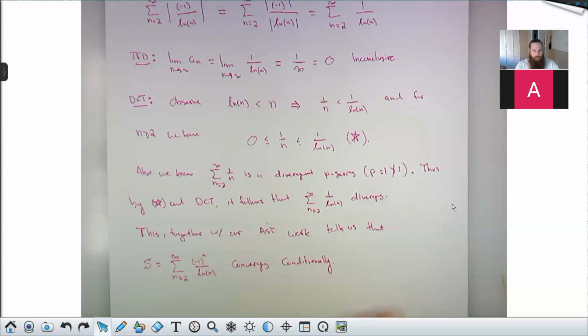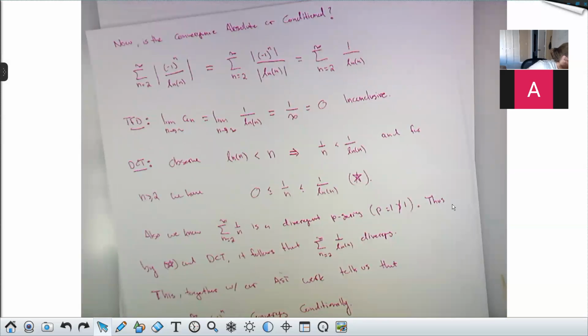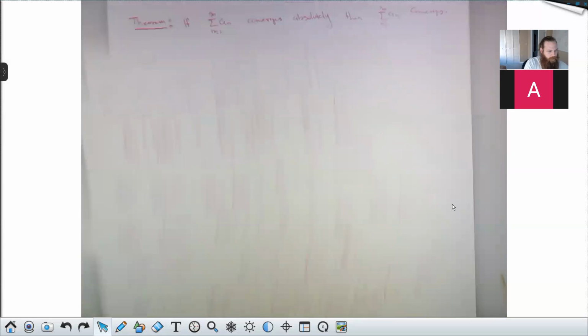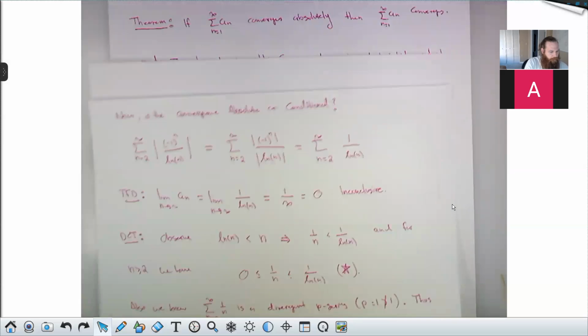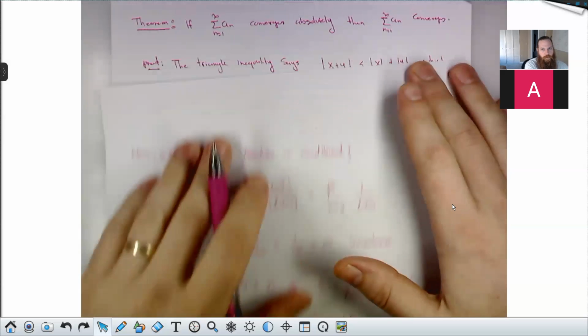I'd like to say one more thing before I leave this topic to show you our final two tests. And that is that this theorem is sometimes very useful.